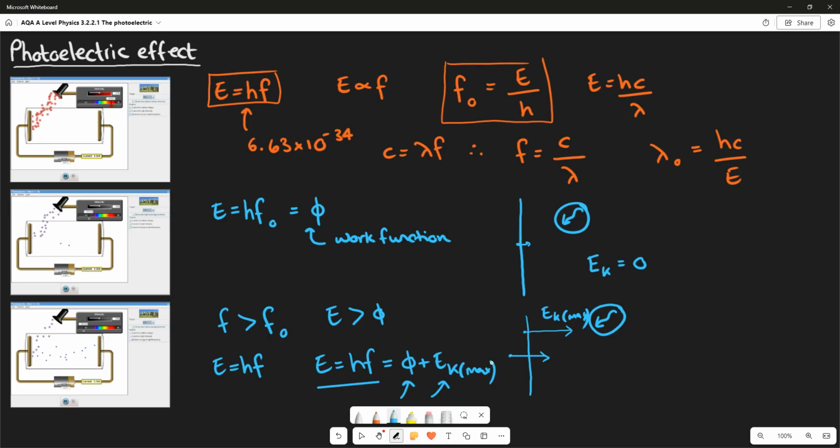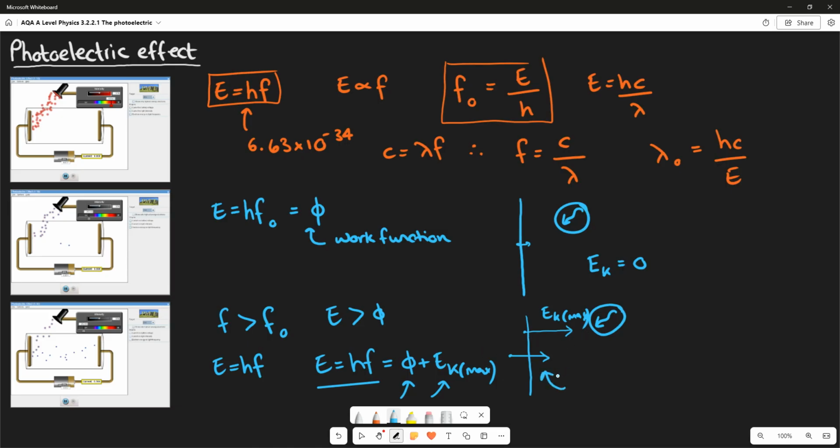And notice that we're talking about the maximum kinetic energy, which is what we get for electrons at the surface only. When you're at the surface, you don't need to use any energy to escape through the metal itself. You're not buried deep inside and have to climb your way out. You're already at the surface, and all of the leftover energy goes to kinetic energy.